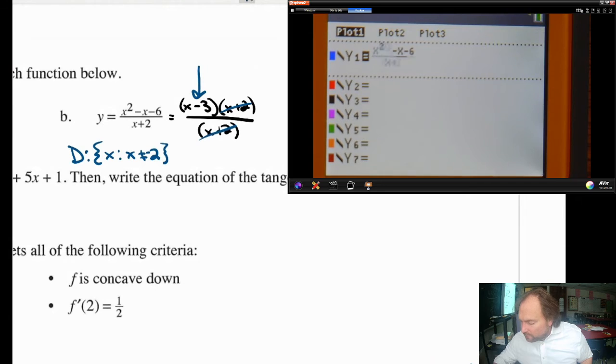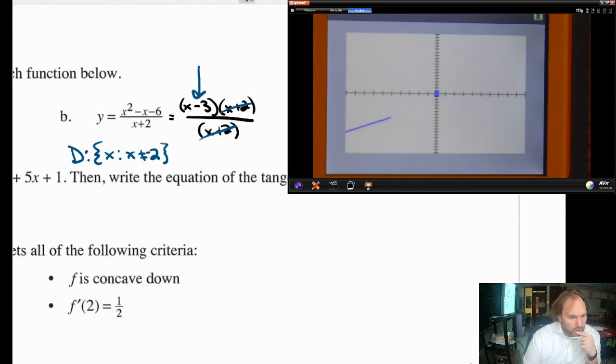which is just a linear function. However, we should remember that on this graph there's going to be a hole at x equals negative 2. And what would happen if we plugged in negative 2 to the problem, negative 2 minus 3 would give us negative 5.